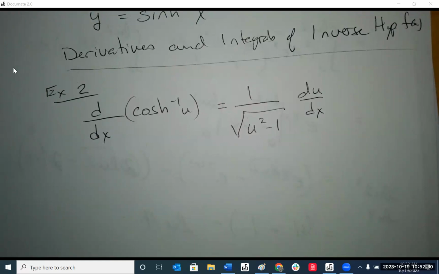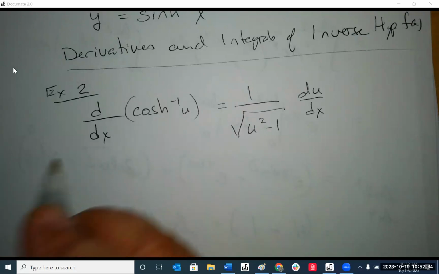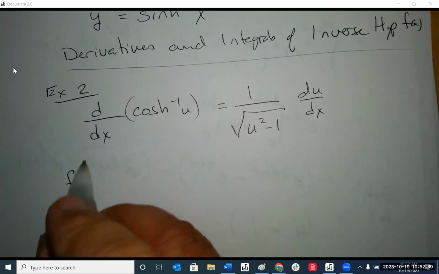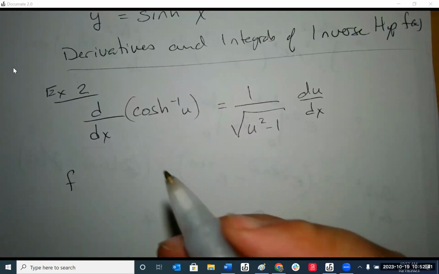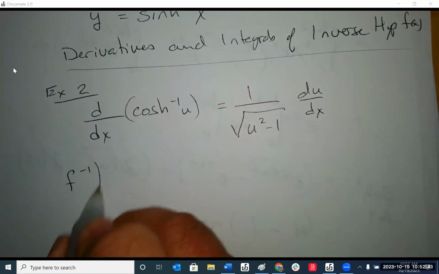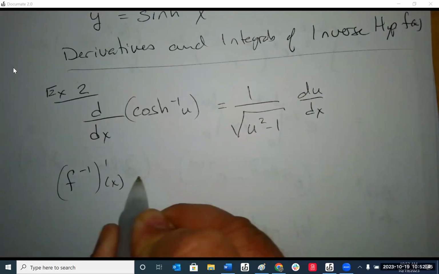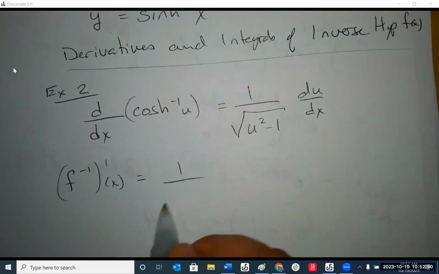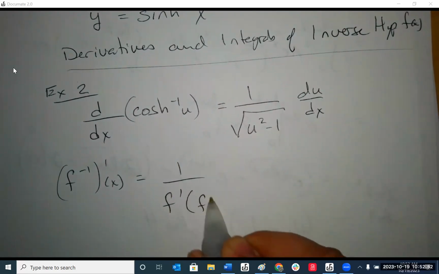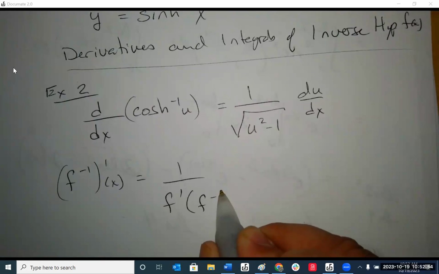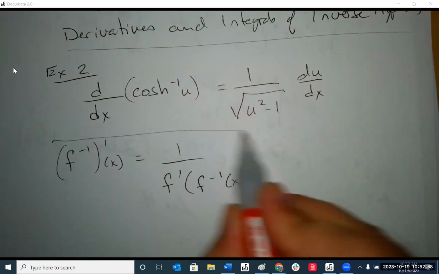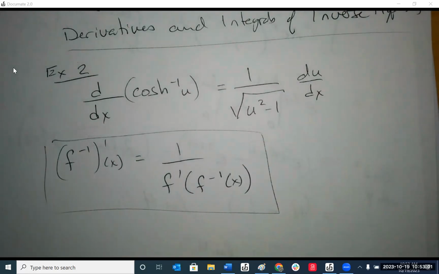All right, so our function is the inverse cosh. We know from calculus 1 that the derivative of the inverse is 1 over the derivative times a compounded function of the inverse. That's a property, an identity theorem from calculus 1.